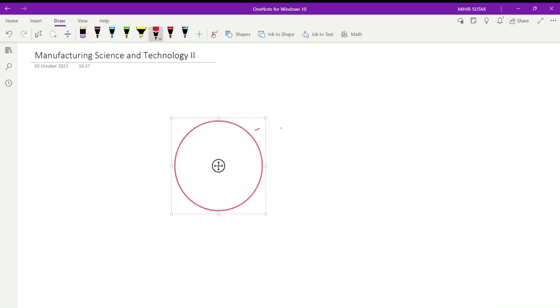Here I'm drawing one horizontal x-axis line. Then this is your cylindrical workpiece, and here comes your cutting tool.